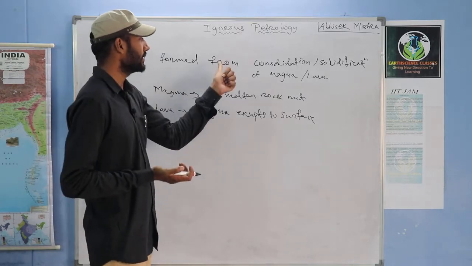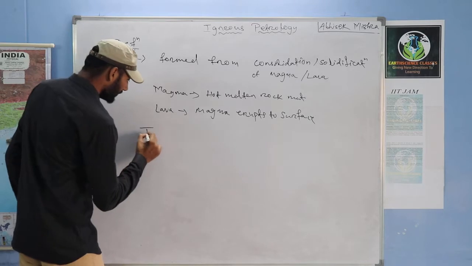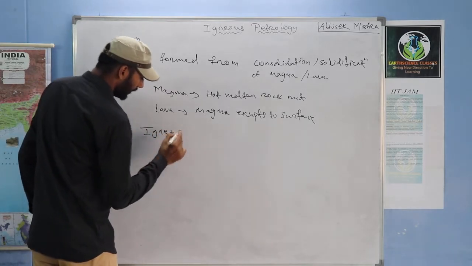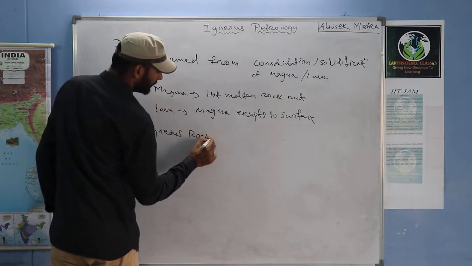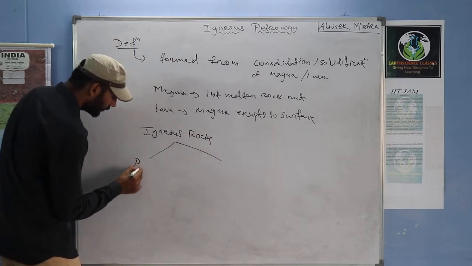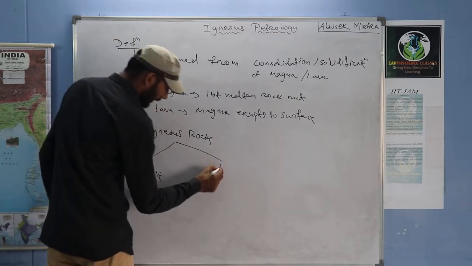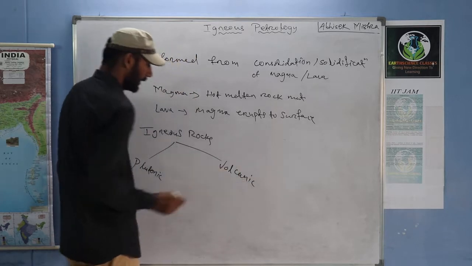Accordingly, the igneous rocks, they are classified into two types. Actually, we can say three types, but broadly we can classify it as two types: plutonic and volcanic. Plutonic and volcanic.